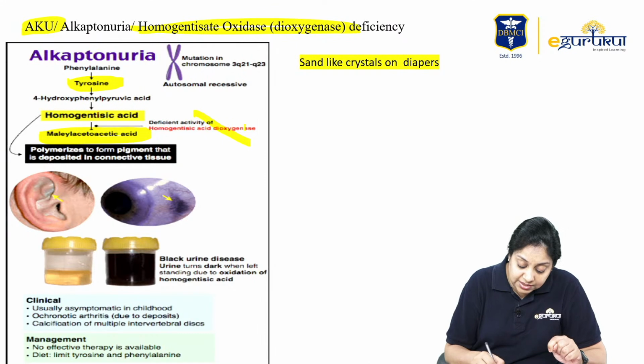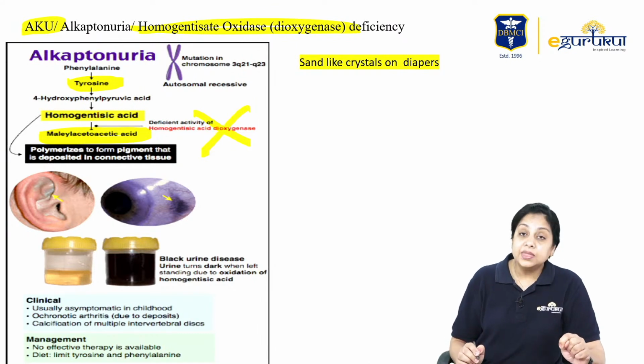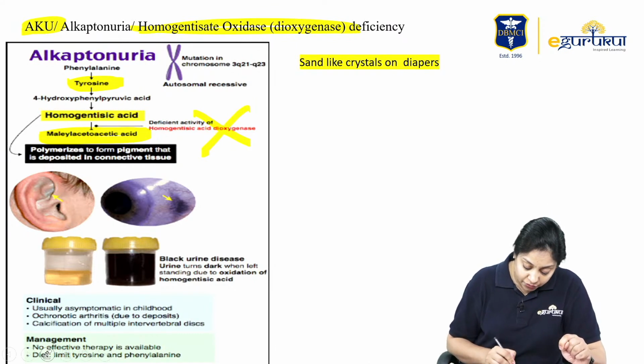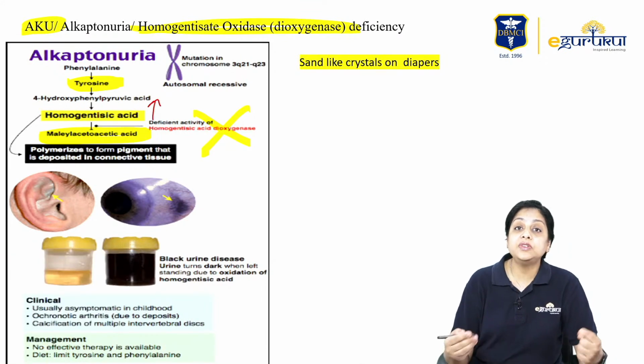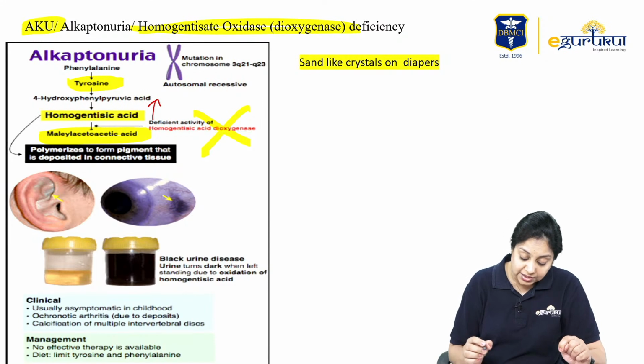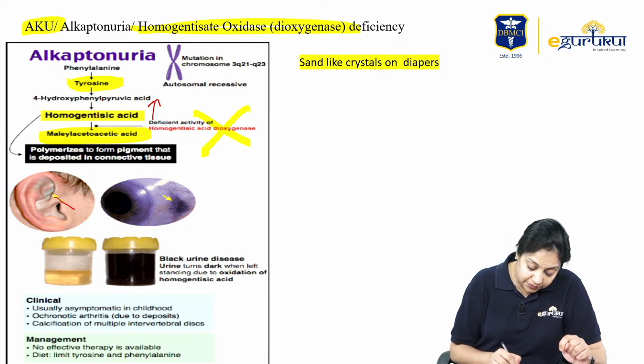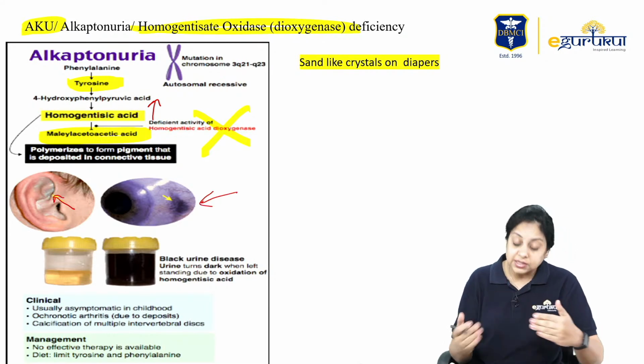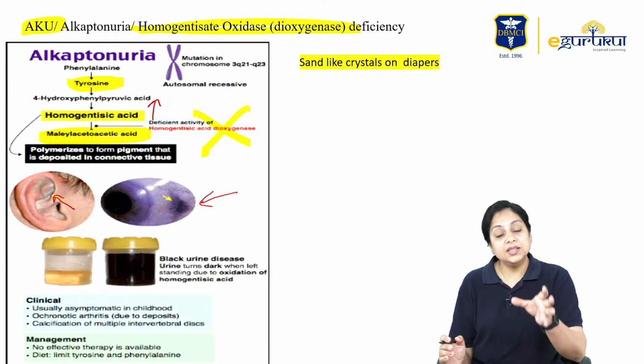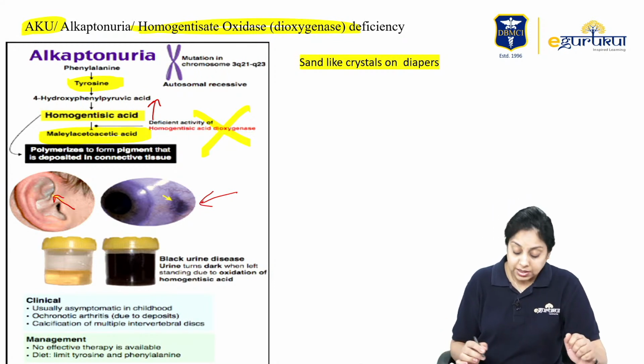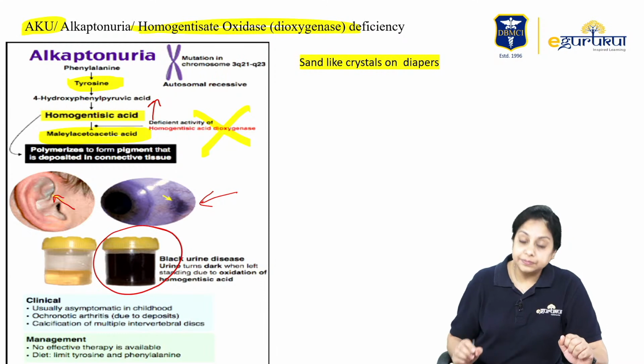But if this enzyme is not available, that will lead to the accumulation of homogentisic acid, which will eventually get polymerized in the body, right? And then you will see deposits in the connective tissues, in the eyes, ears, even in the hands, right? And when the urine is left exposed to the air, the urine turns black.